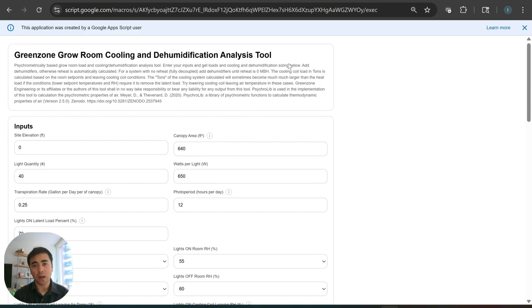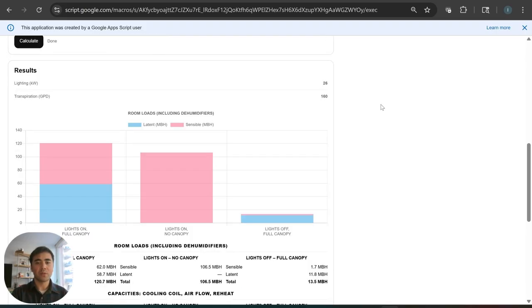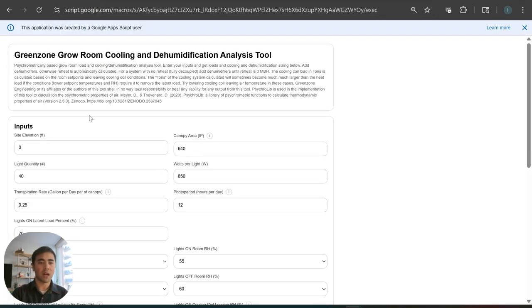However, it also requires the user to have some familiarity with thermodynamic terms and concepts in order to effectively use the tool. Now, going through actually using the tool, I am going to start by refreshing the page to zero out the results, and then I'm going to go through the inputs.